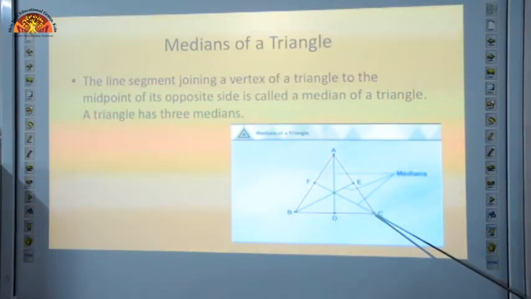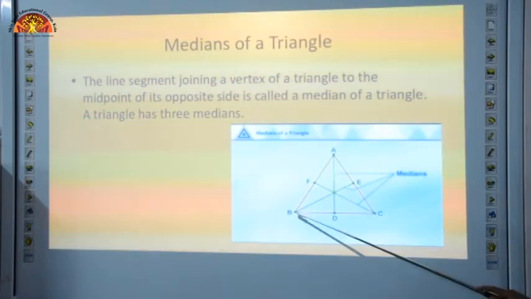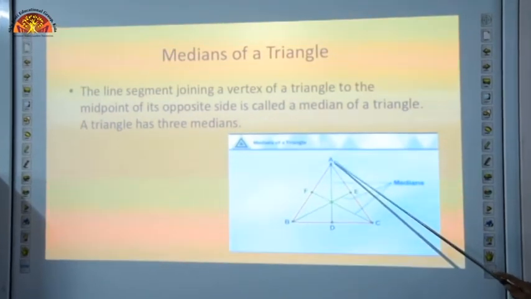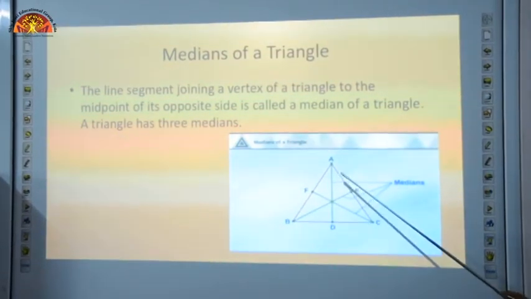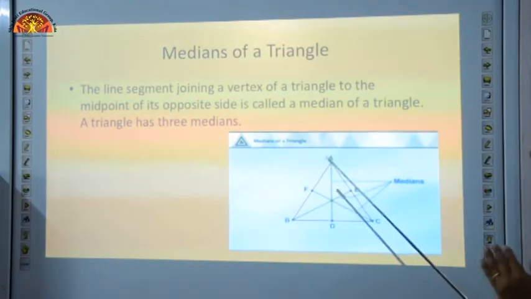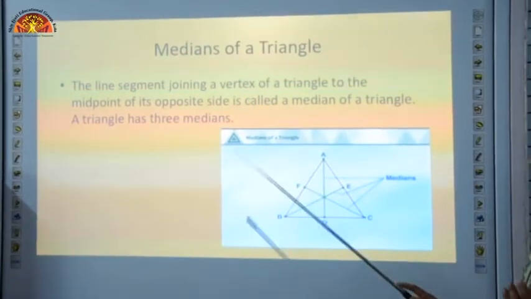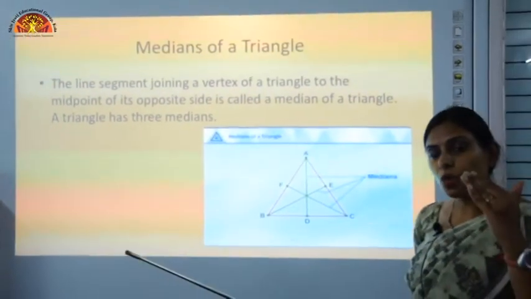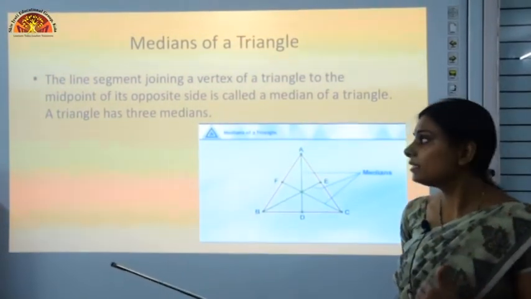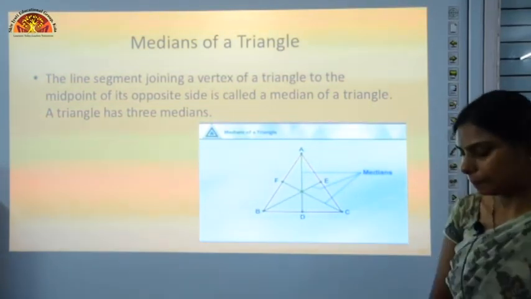Similarly, CF is a line segment on the opposite side AB and BE is the line segment on the opposite side AC. So, AD, CF and BE are the medians of a triangle. So, what are medians? That is a line segment joining a vertex of the triangle to the opposite side is known as the median. There are 3 medians.